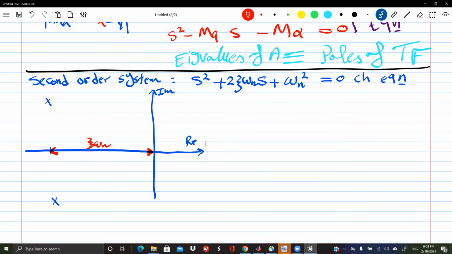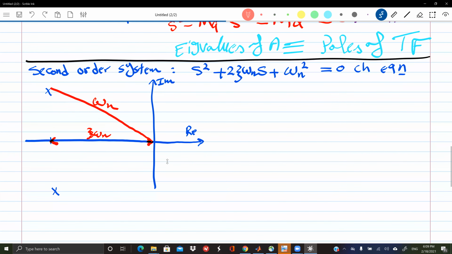So the real part of the poles is the multiplication zeta times omega n. And the diagonal here is omega n. So give me the location of your poles, and I immediately give you the natural frequency and the damping zeta. Good, but is there anything more?